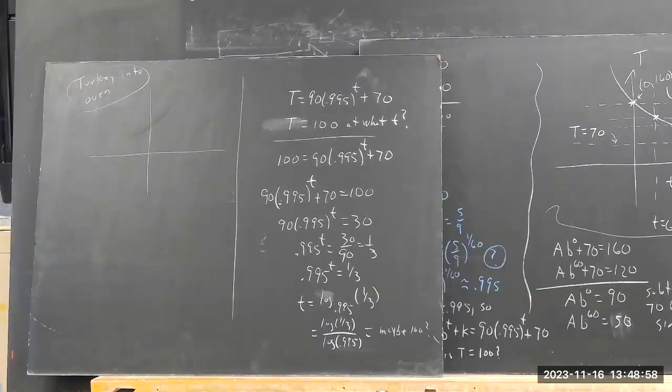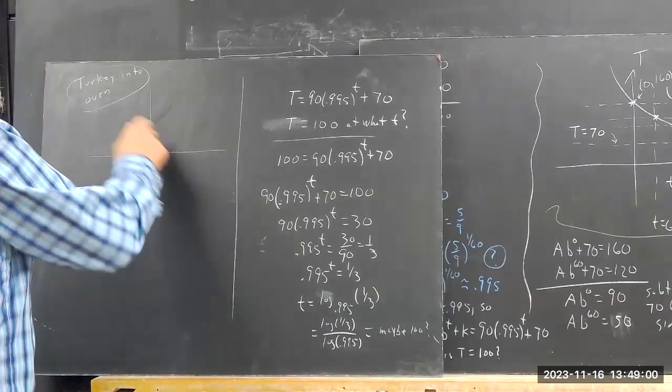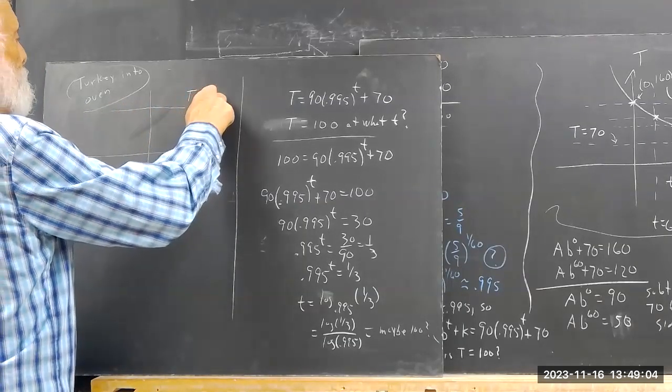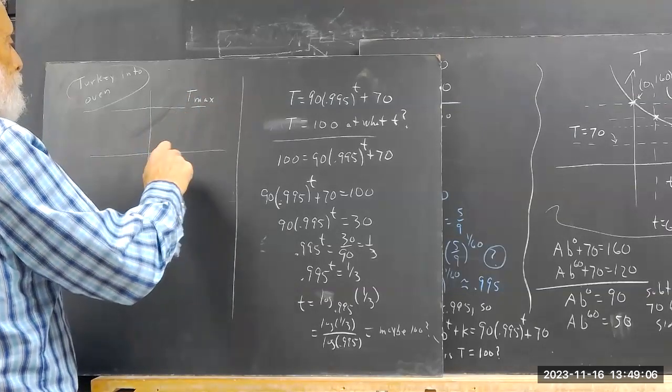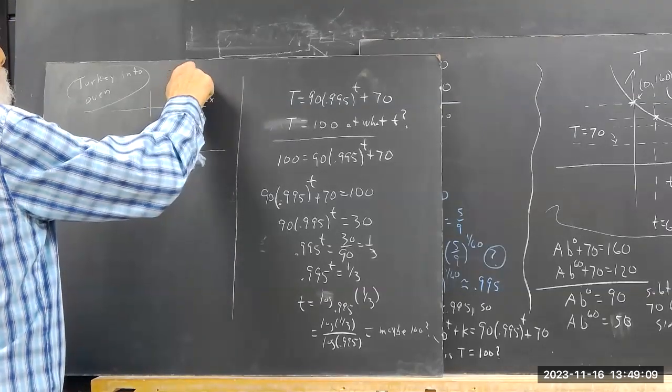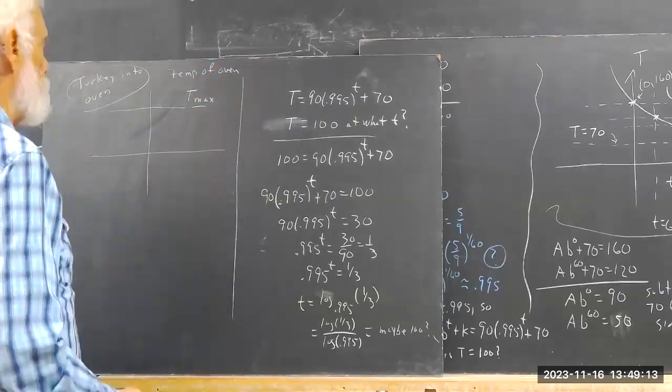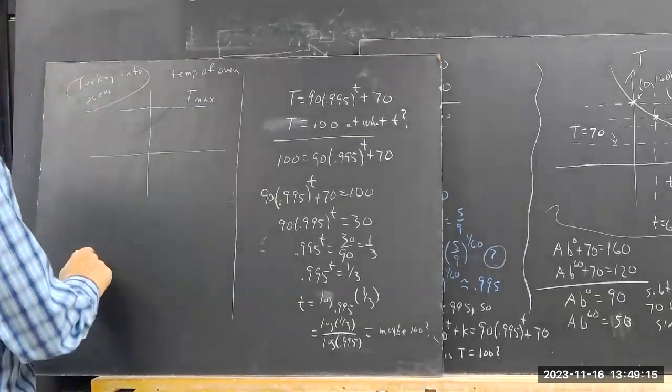Okay, what's going to happen is, first of all, here's your two axes. Temperature of the oven. Now, the curve is not going to do this.